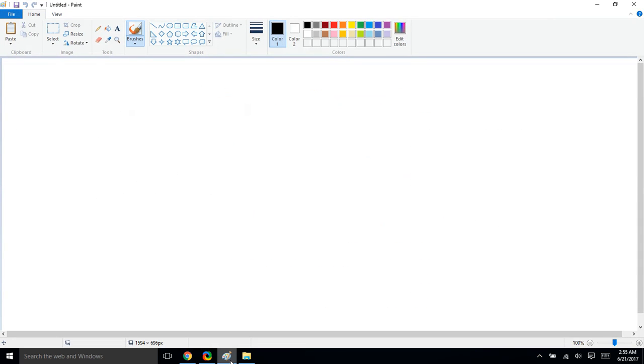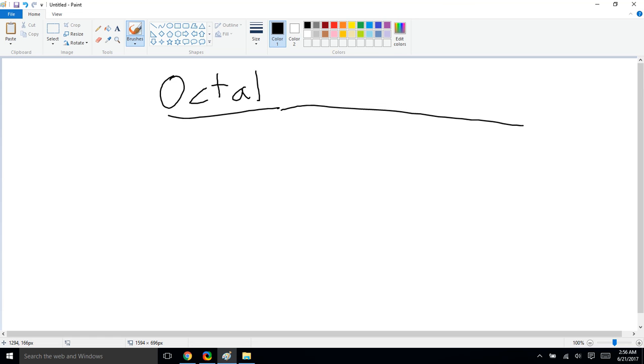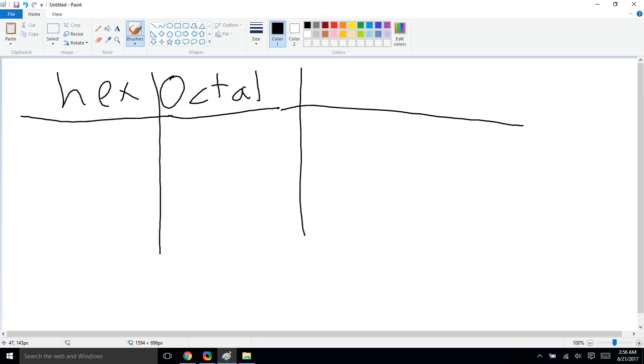So let's say that we have an octal number. I'll have hex here as something, and binary. If we have an octal number, the digits in octal go 0 up to 7, so I could have something like 5, 6, 2.